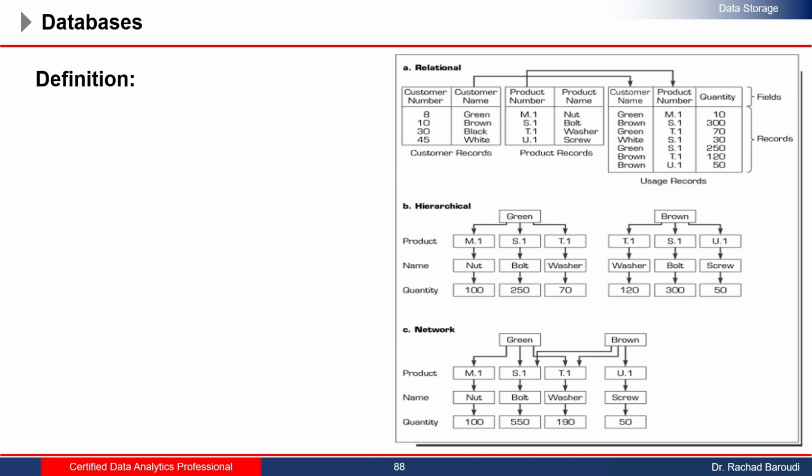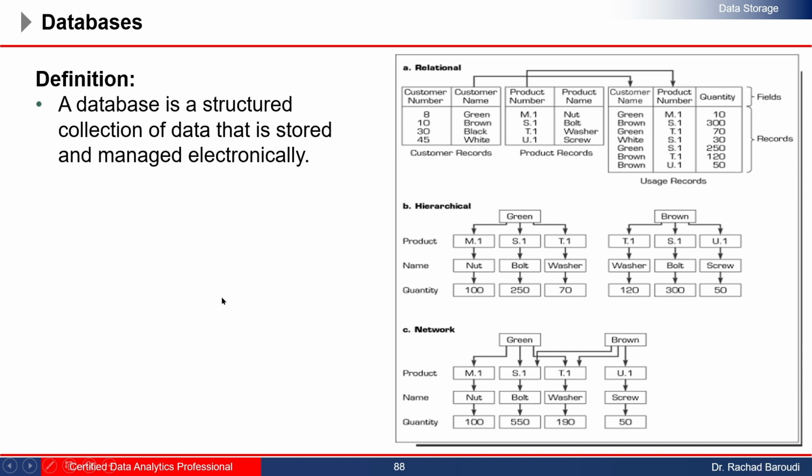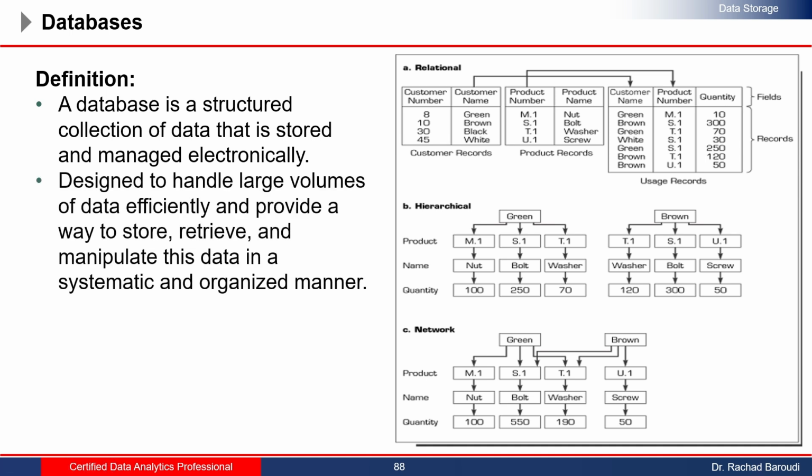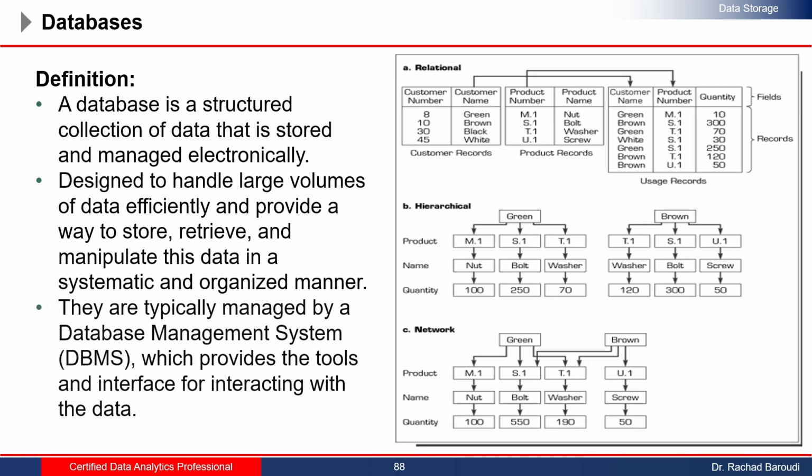Now let's go deeper into databases. As you can see here on the right side, we have three different types of databases. All of them are structured tables, rows. So as a definition, a database is a structured collection of data that is stored and managed electronically, designed to handle large volume of data efficiently and provide a way to store, retrieve, and manipulate this data in a systematic and organized manner.